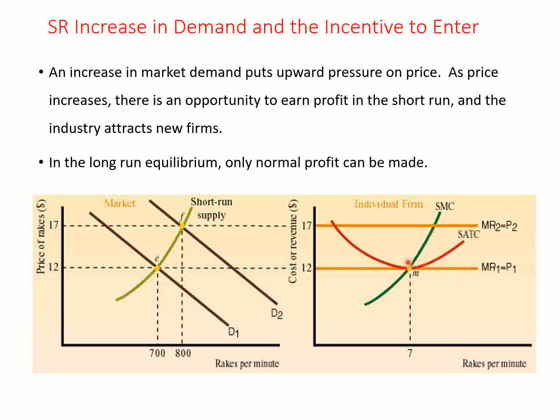So there is a profit for this individual firm. Now let's look at the intersection between the marginal cost and the marginal revenue, which is here. Here the price is above the short-run average total cost, so there is a profit.